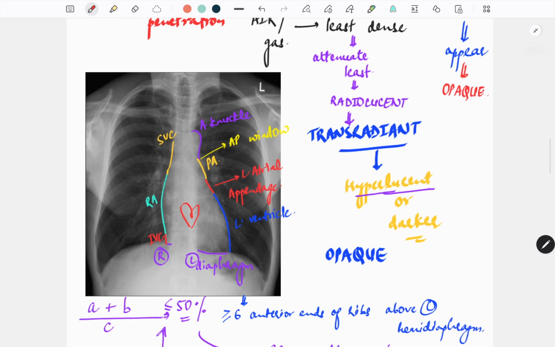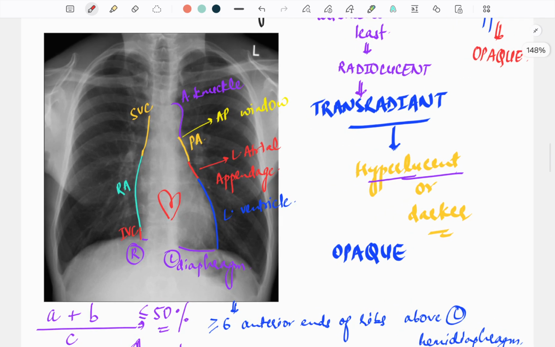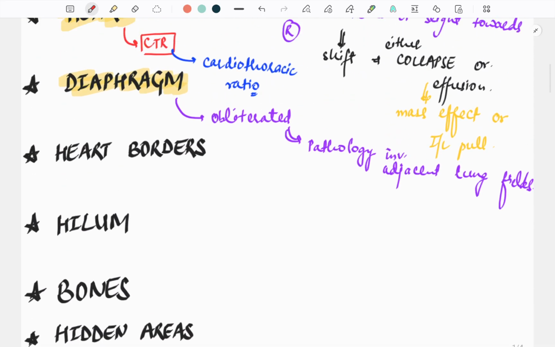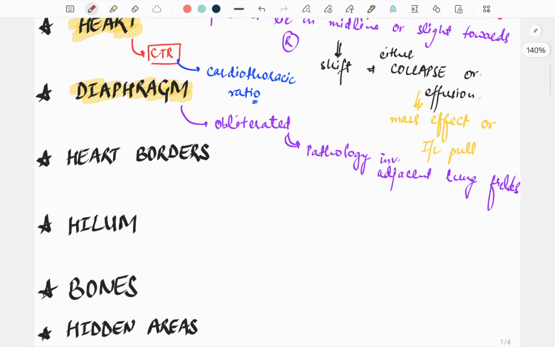All of these cardiac borders should be well defined and should not be obliterated. If obliterated, what does it imply? That there is some pathology in the adjacent lung fields.